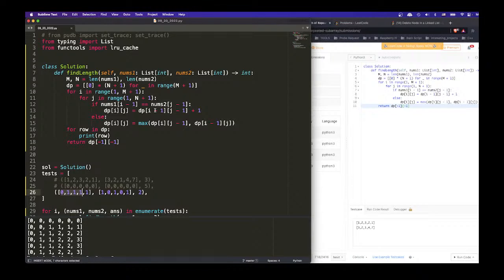If they're the same, it's i minus 1, j minus 1. 0, 1, 1.